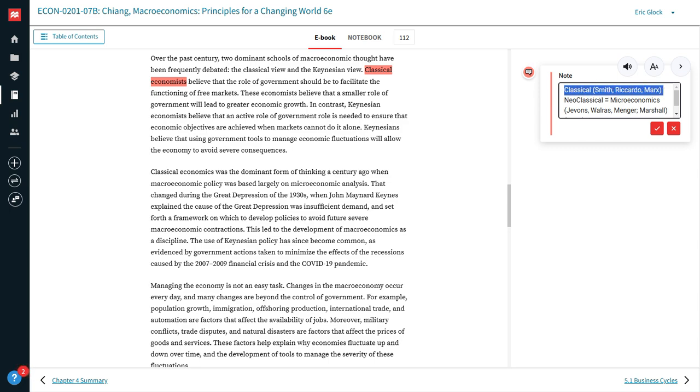So you heard those three things. We got three things here for the classical economists: labor theory of value, and we have economic growth.